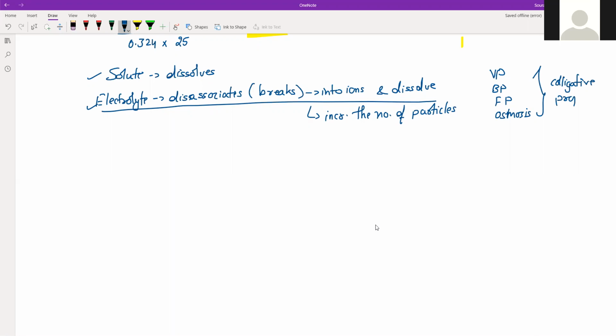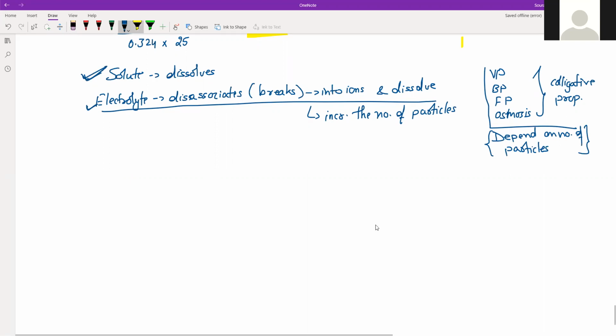And what we said about colligative properties is they completely depend on the number of particles, which, as we can see here, is intact in normal solutes, but it changes in case of electrolytes.